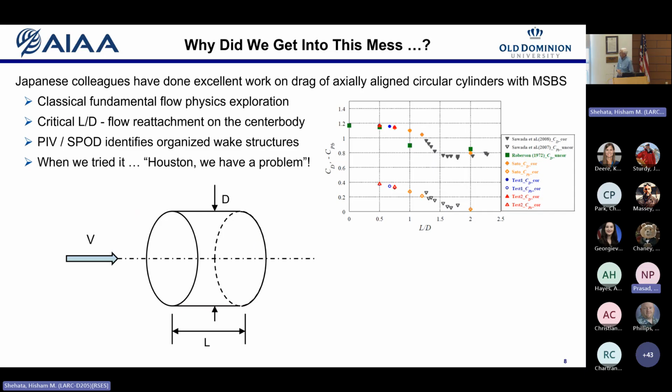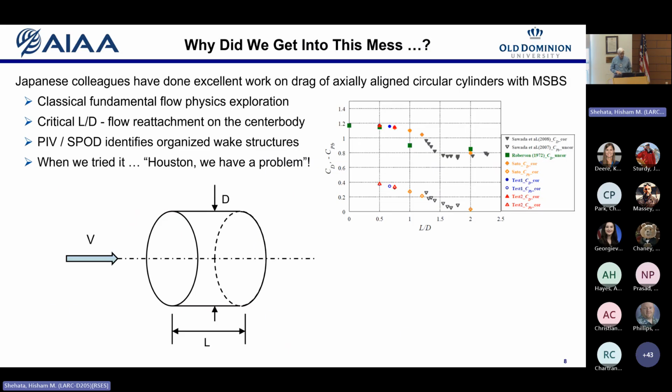Colleagues in Japan that have many magnetic suspension systems in their wind tunnels were working on drag of axially aligned cylinders. That's a nice academic thing to worry about. People have studied spheres for 100 years, so this is sort of one step beyond that.